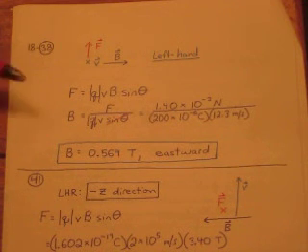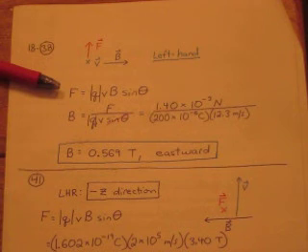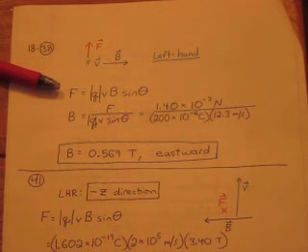We're going to use F equals QVB, but solve it for B. And we see we get 0.569 Tesla, and the direction is to the east.